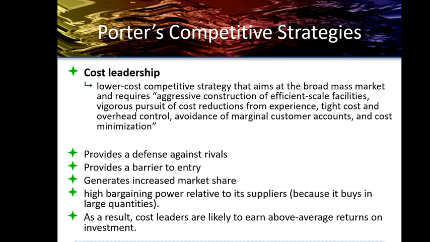When we say cost leadership, that means that we as a company are trying to concentrate on lowering prices and on making our efficiency higher compared to our competitors, in order to be able to compete in terms of prices.